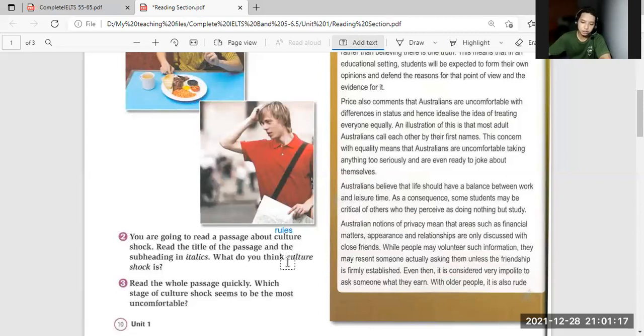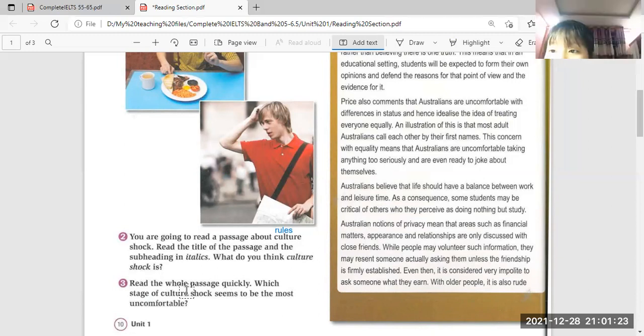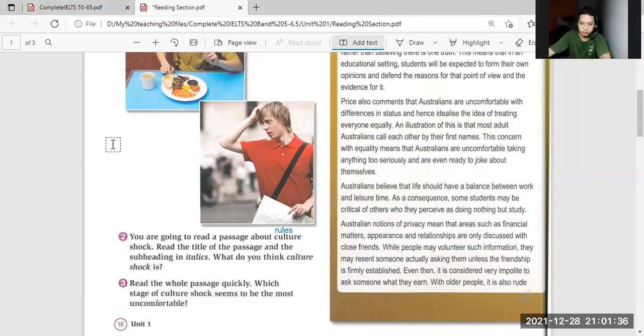And here, culture shock. Okay, so what do you think culture shock is? Yeah, different culture. Okay, I'll write it for you.